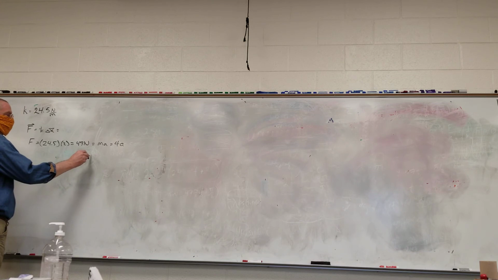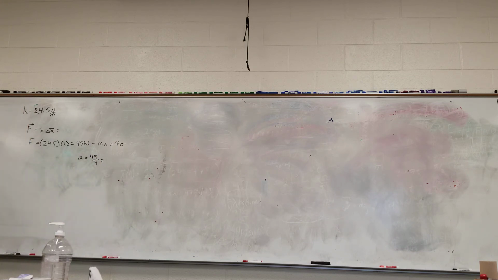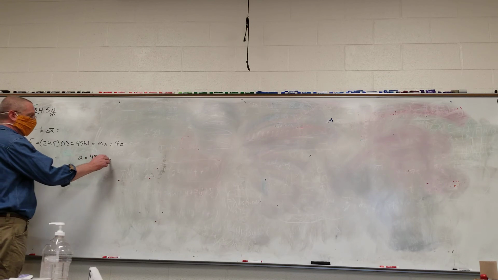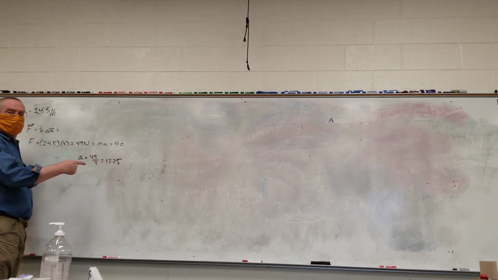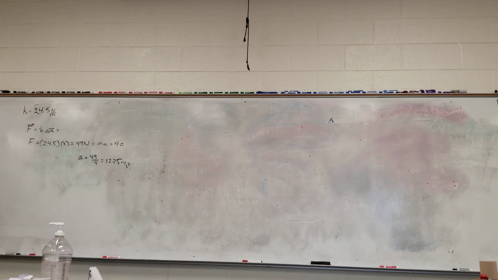And so my acceleration is 49 divided by 4. It's 12.25 meters per second squared, which was the coefficient of our acceleration problem. So that's another way of finding the acceleration.